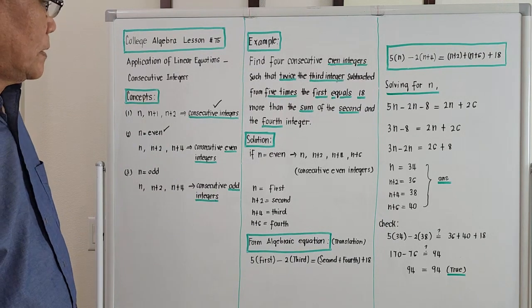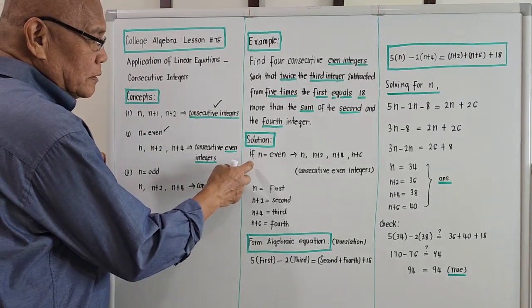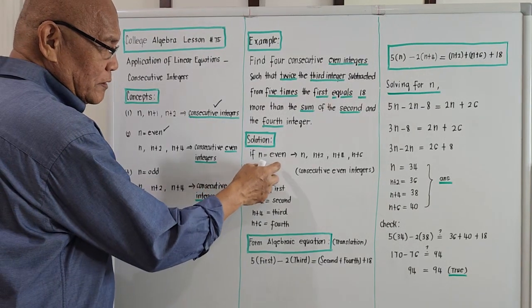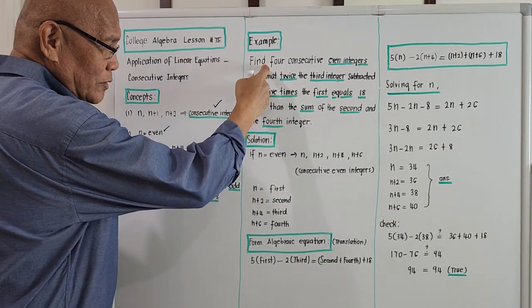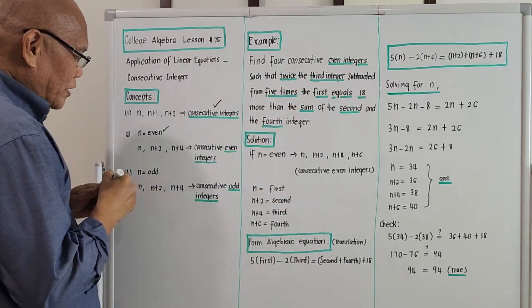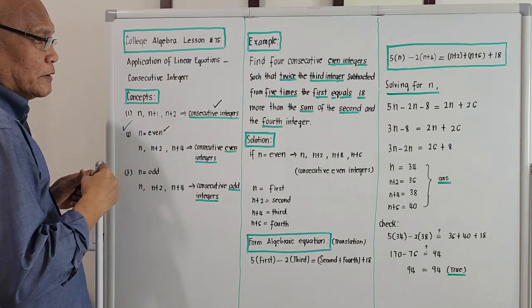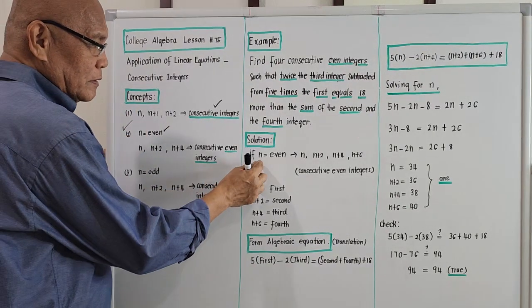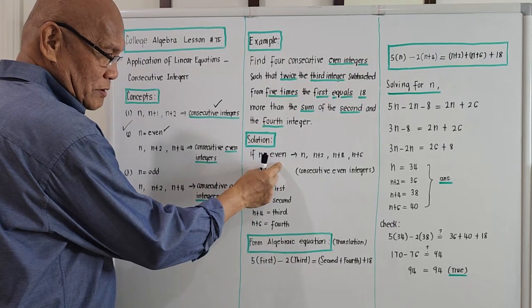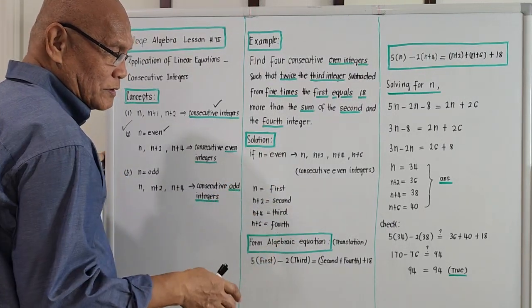Okay, let's try to bring up the solution. If n is even, and the problem specifies that what is required is even consecutive integers, we'll go directly to the second concept. Under the second concept, n should be even because the problem is asking for 4 consecutive even numbers.